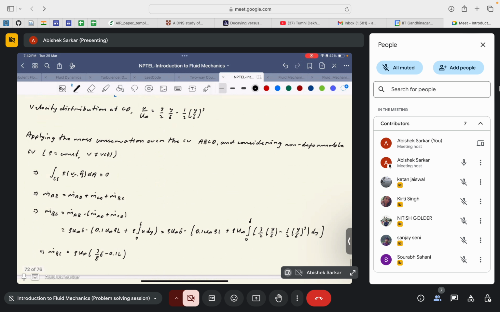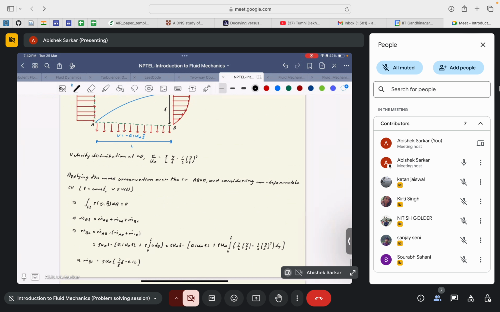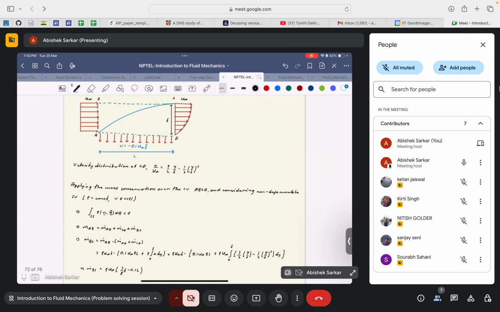Then m dot AB, I think I need to zoom out a bit. Yeah, so a bit more. Yeah, so m dot AB would be simply rho times delta, that is the boundary layer thickness here, times u infinity. Okay, since the width of the control volume is unity, perpendicular to this paper, of course there is a 1 here, but you can just ignore it for this calculation.